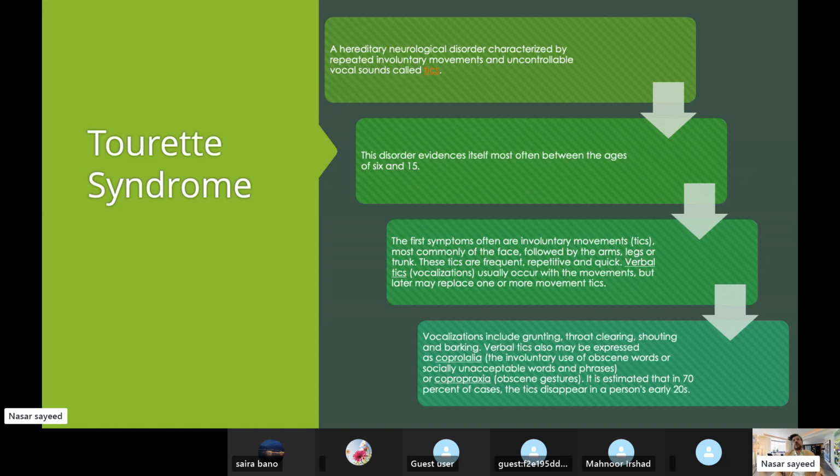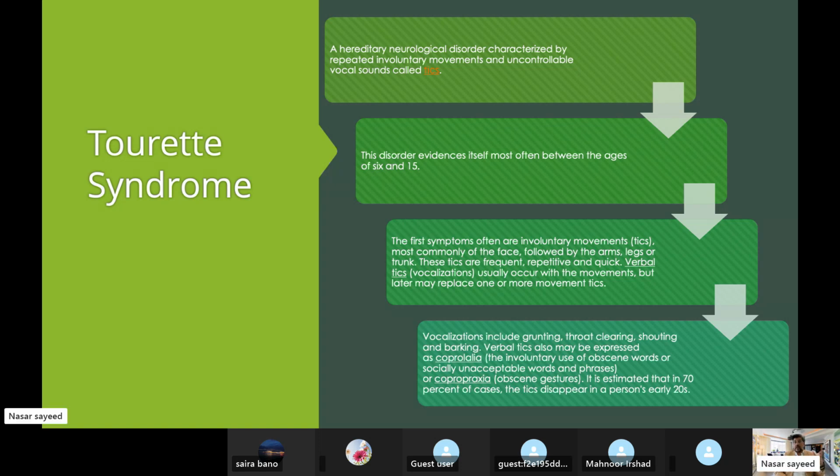Tourette syndrome. Now, Tourette is again an inherited neurological disorder of involuntary movements and uncontrollable vocal sounds called tics. In Tourette syndrome, they have vocalization, grunting, throat clearing, shouting, barking, coprolalia, swearing, and sometimes copropraxia, obscene gestures, which are unfortunately the problem.